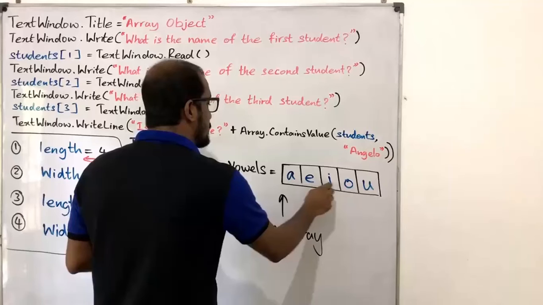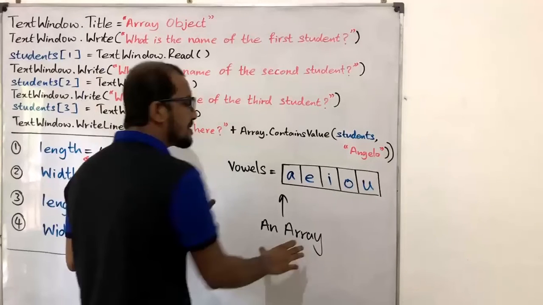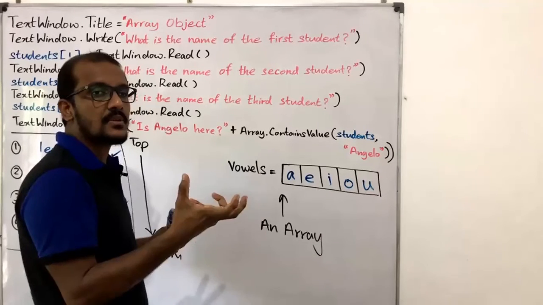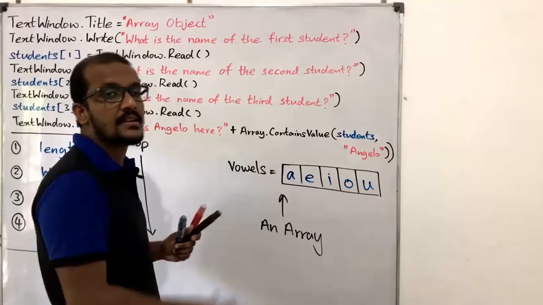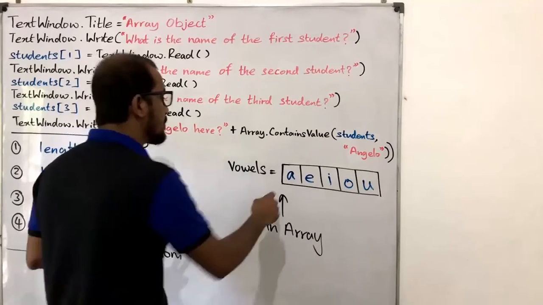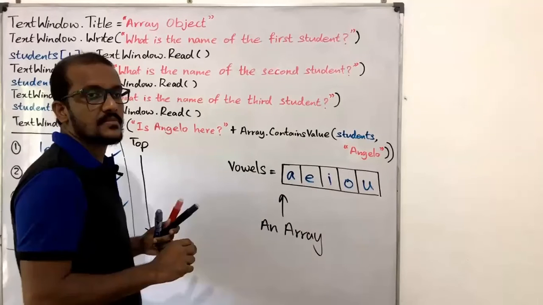An array is something like a collection of variables. So an array is a structure, something like a collection of variables. It can hold multiple values at a time, like these 5 values. A normal variable can hold one value at a time.